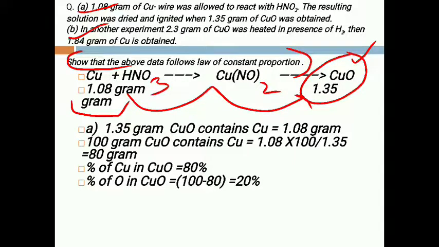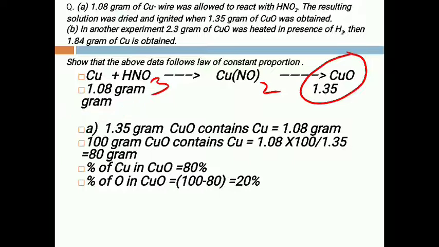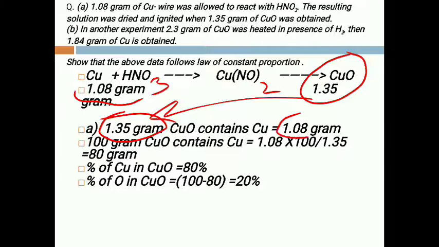Okay, so can I make a statement here, beta, that 1.35 gram of copper oxide contains how much copper? The copper with which you have started. Okay, so you started with 1.08 gram of copper, so it contains this much copper. So let's find the percentage of copper.